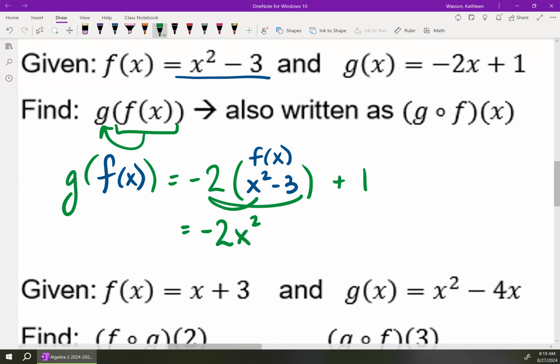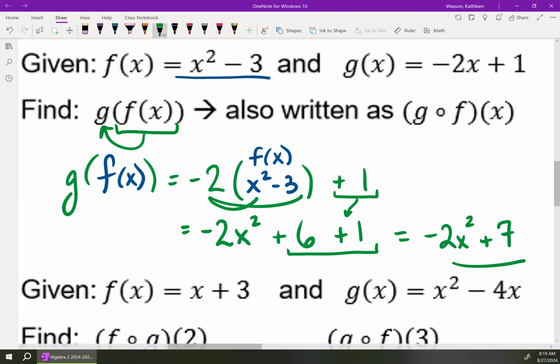Negative 2 times negative 3 is positive 6, and I bring down the plus 1 that was part of the g equation. I can combine the constants, and I find that g of f of x is equal to negative 2x squared plus 7.